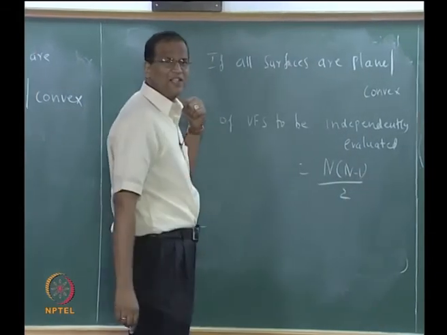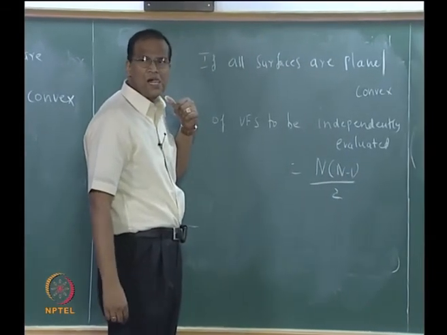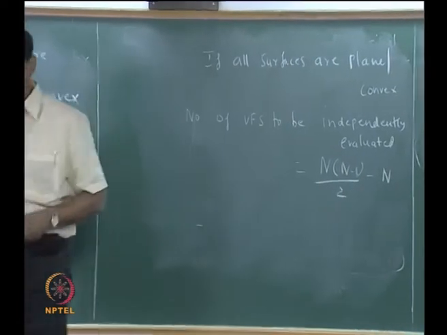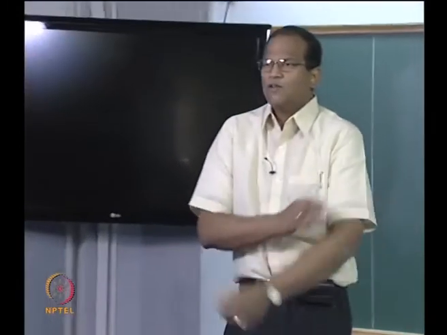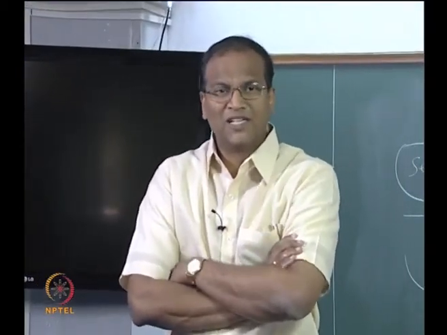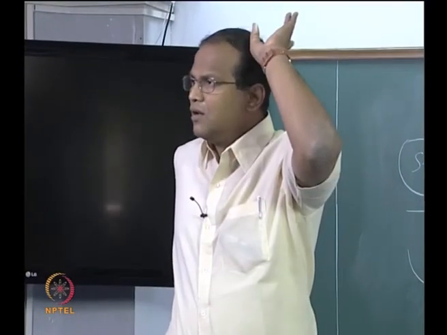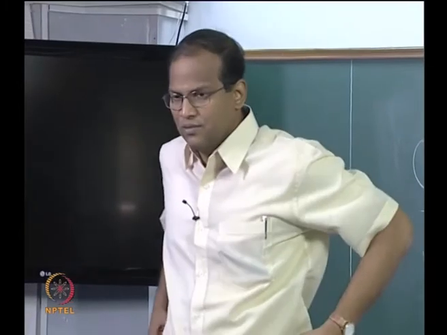How many such self view factors are there? Very good. So the goal of the view factor algebra is to ultimately determine the number of independent view factors which have to be evaluated necessarily by adopting that cos theta i, cos theta j integral.